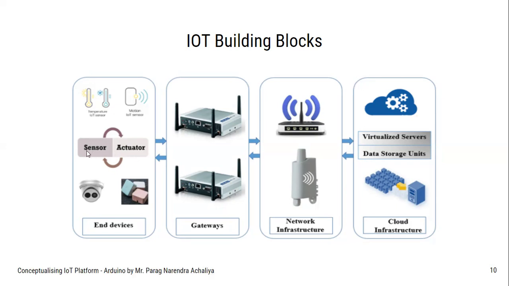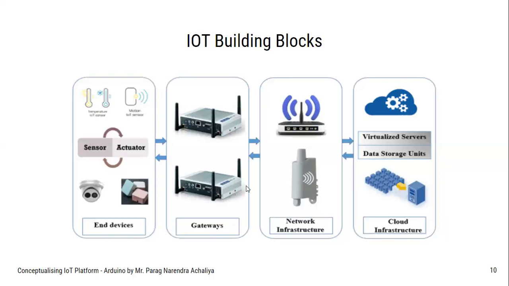So starting with sensors or actuators, these are treated as end devices which are responsible for generating the environment conditions or actual data at end devices. They are transmitted to network infrastructure or cloud infrastructure with the help of various gateways and network devices.